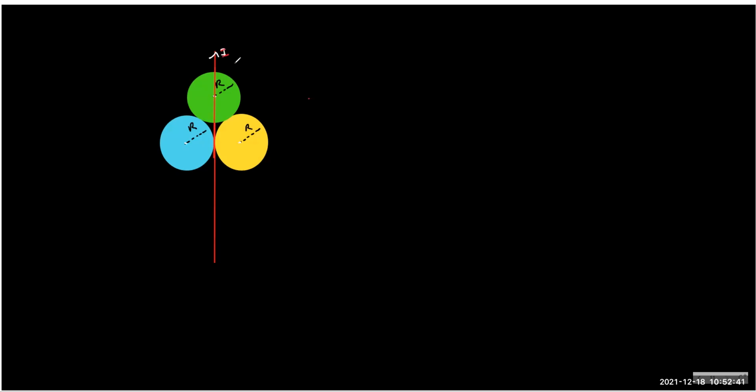So the question is, if the mass of each disk is m, what is the k value for the entire system? These are disks. Could be spheres also.